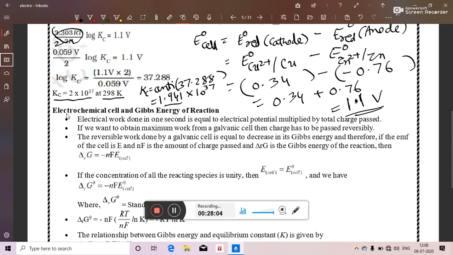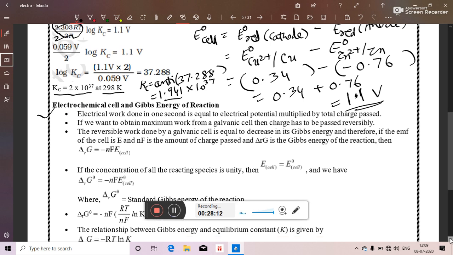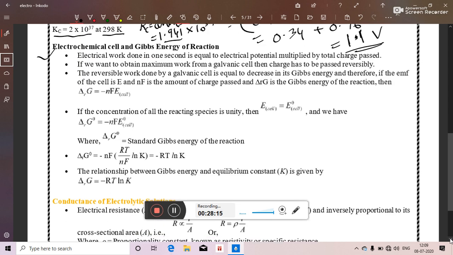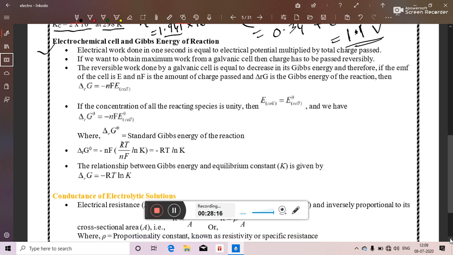Now the next topic is electrochemical cell and Gibbs energy of reaction. Here we will see that whatever electrical work is done in 1 second is equal to the electrical potential multiplied by the total charge passed.